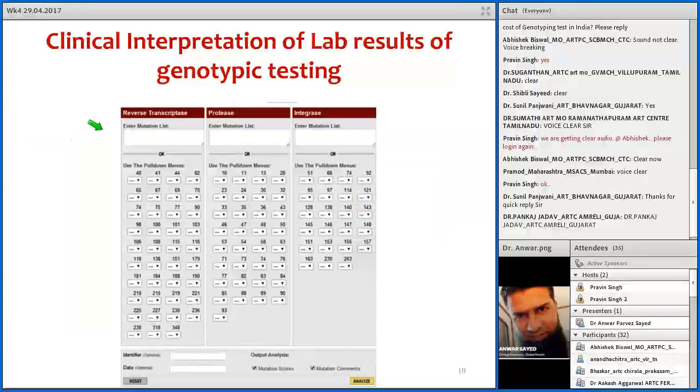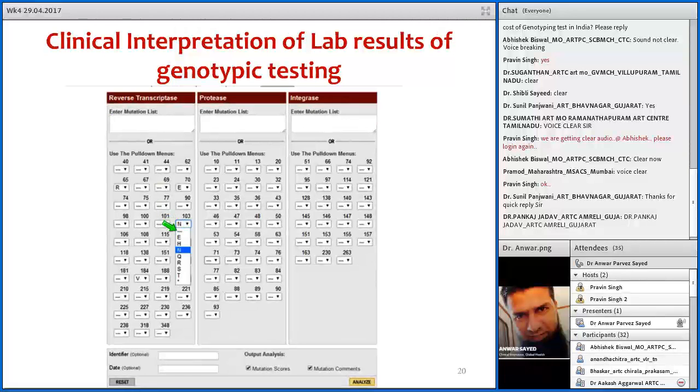Now, like I said, reverse transcriptase, protease, integrase, these are classes of drugs, right? So whatever mutation list has come from the genotypic testing, for example for reverse transcriptase, it includes both NRTI and NNRTI. If I talk about 103, now focus on this.